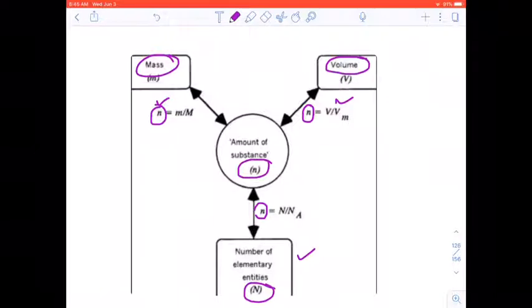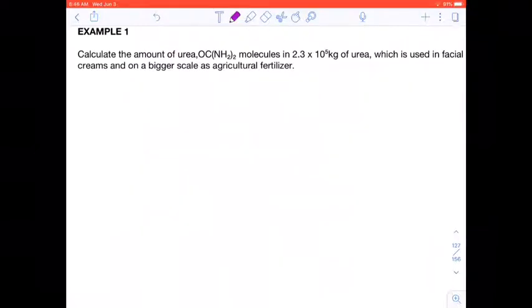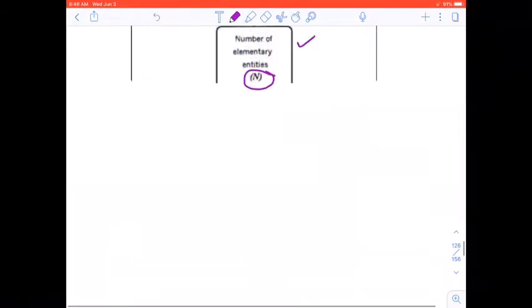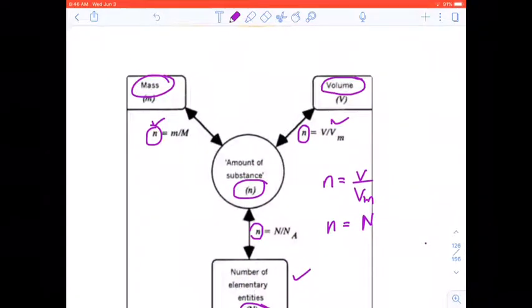Right, for instance, here you have n is equal to V upon Vm. And here we have n is equal to the number of particles N over NA, right?